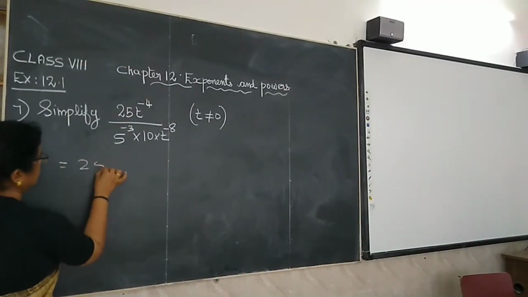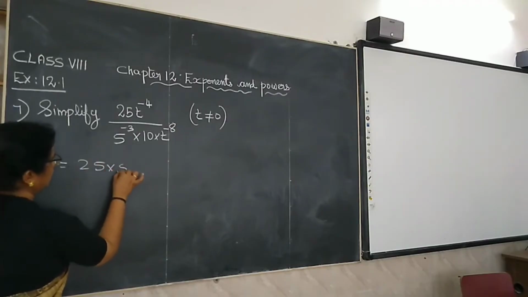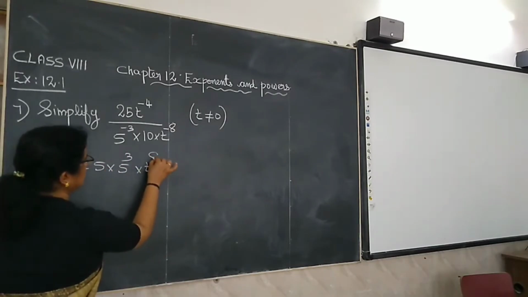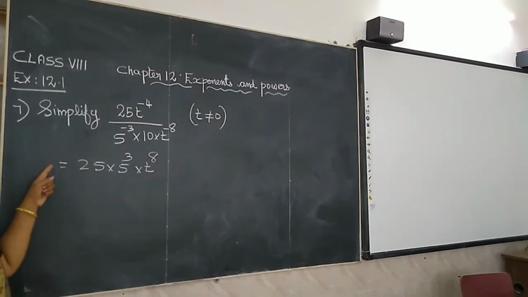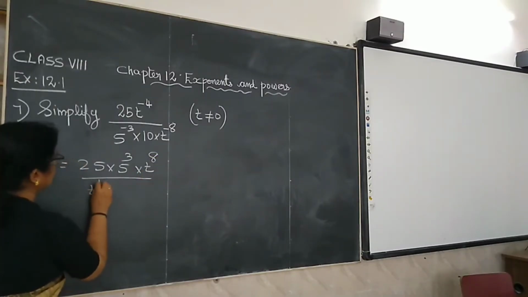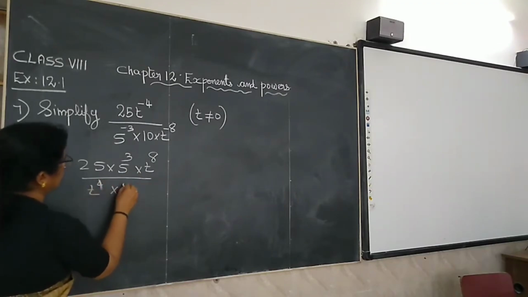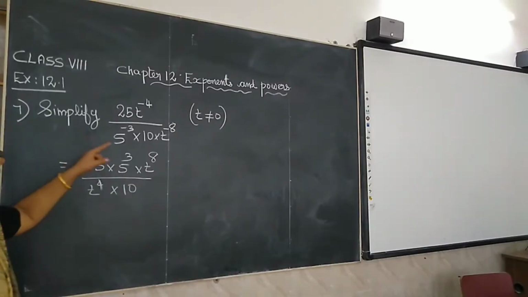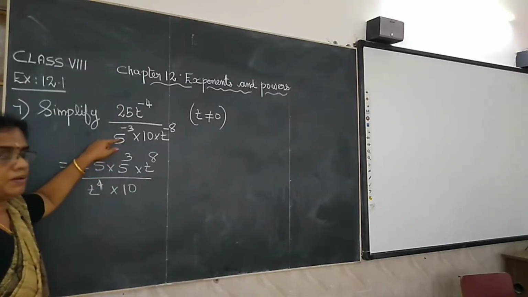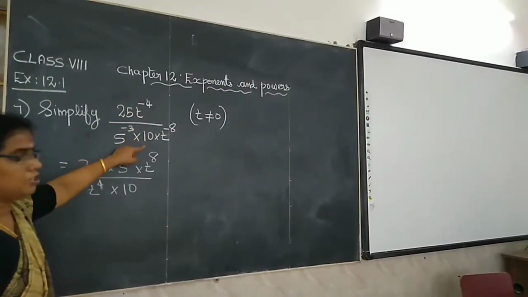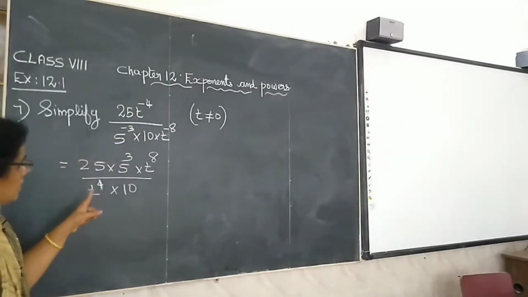25 multiplied by 5 raised to 3 multiplied by t raised to 8 divided by t raised to 4 multiplied by 10. That is, we have taken the negative power term to the numerator, and from here this to the denominator, so that the power becomes positive.